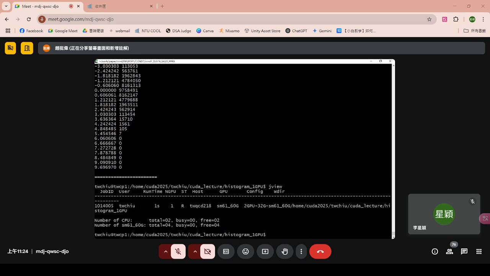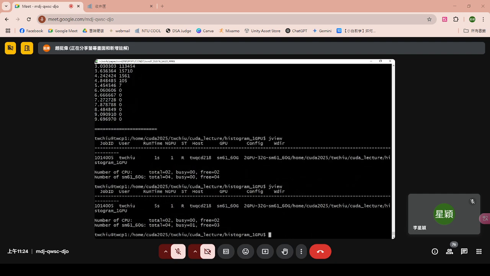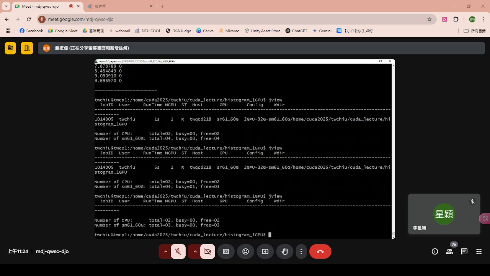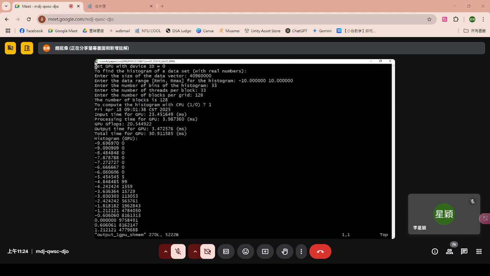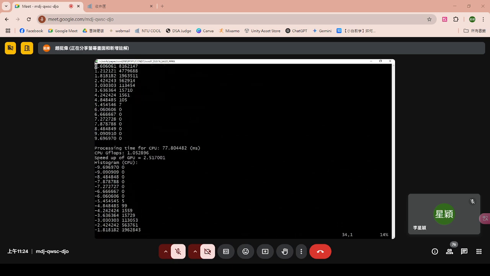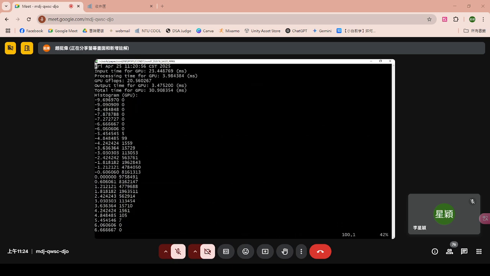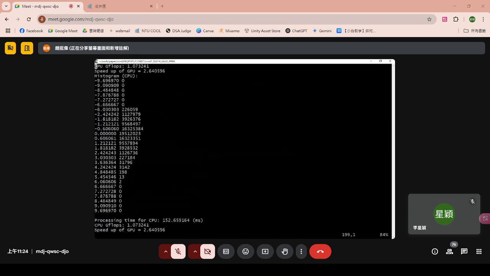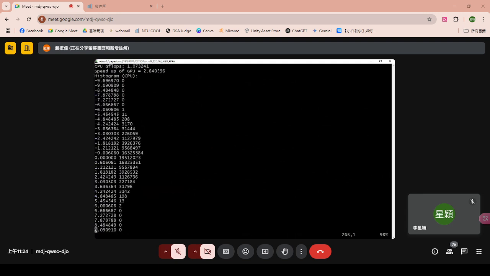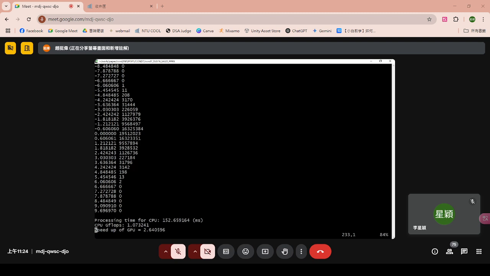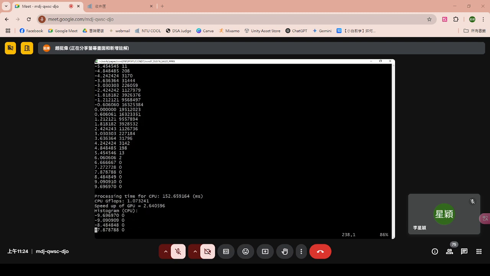Here's the run, and it should be done. First you can see the speedup of the GPU is 2.6.